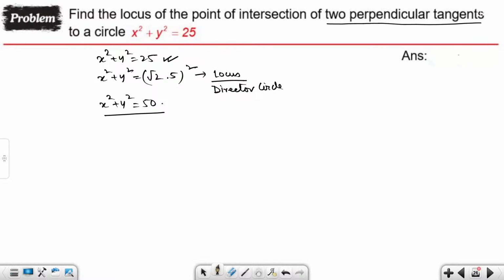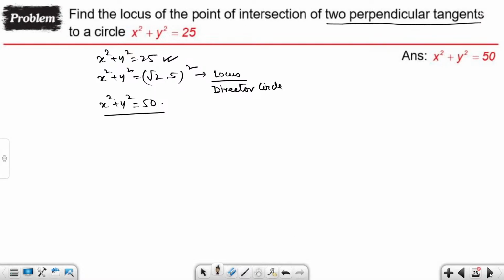If you know that the locus of the point where two perpendicular tangents are meeting is nothing but the director circle, and it is concentric with the given circle, and its radius will be root 2 times the radius of the given circle, that's it. So the required locus is nothing but the director circle whose equation is x square plus y square equals to 50.